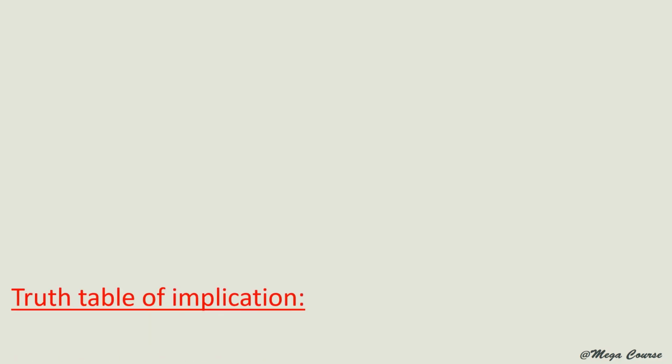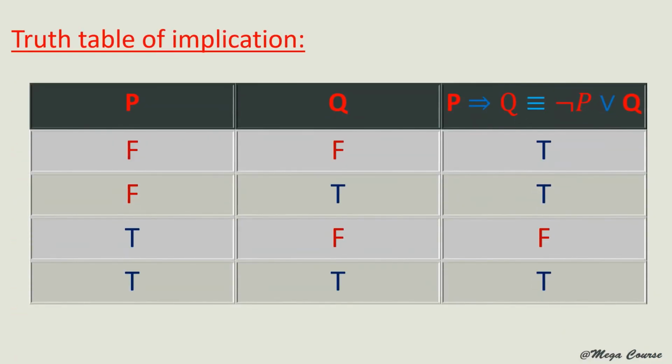Now the truth table of implication. Whenever P is false and Q is also false, the implication P implies Q is true, or the negation of P or Q is true.